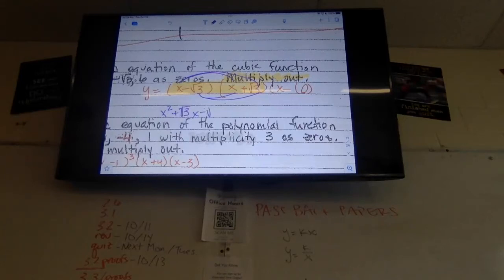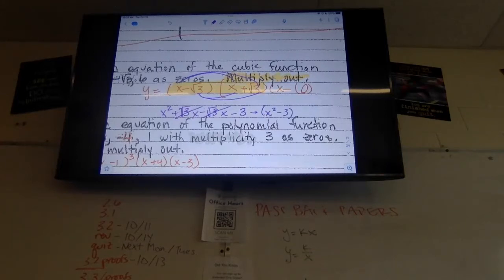Negative root 3 times x is negative root 3x, and then negative root 3 times positive root 3 becomes a minus 3. Root 3 times root 3 is the same thing as square root of 9, and we know the square root of 9 is just 3, so that becomes minus 3. The cool thing here is the radical 3x terms, one positive and one negative, cancel each other out. So I am just left with x squared minus 3.